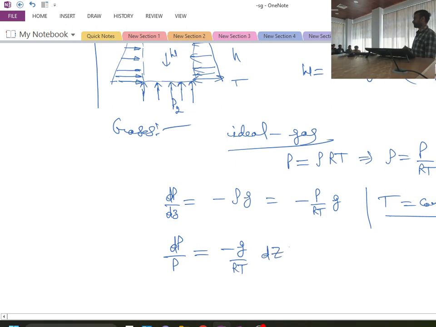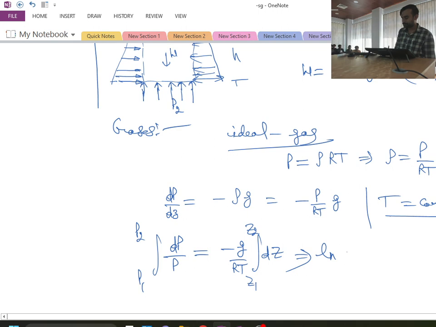Okay, is this one clear? Now I can integrate this equation from P1 to P2 and this one from Z1 to Z2. So ultimately what you will be getting? You will be getting dP by P will be ln of P2 by P1 equal to minus g by RT into Z2 minus Z1.